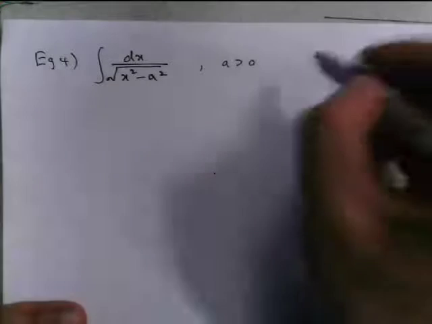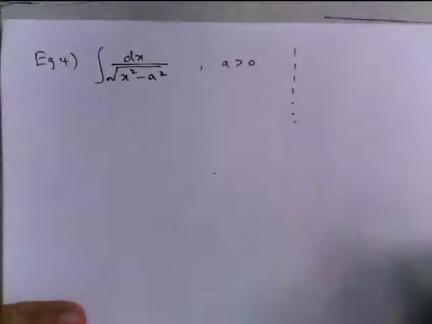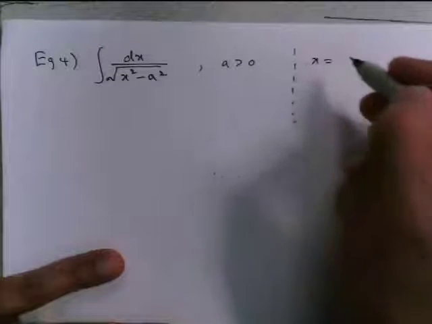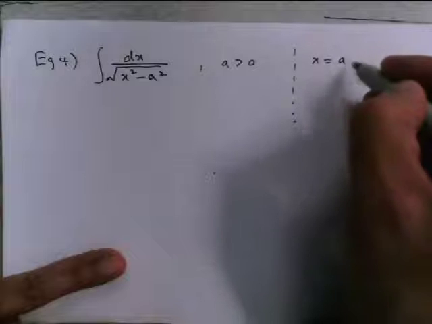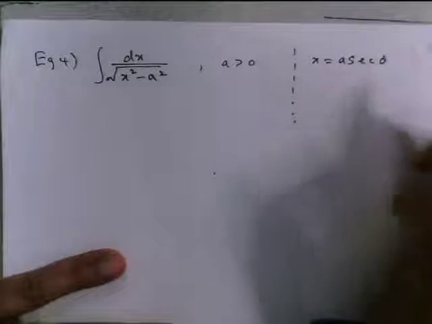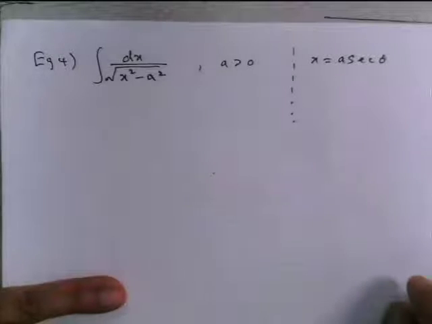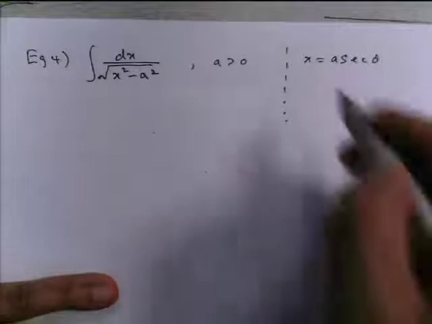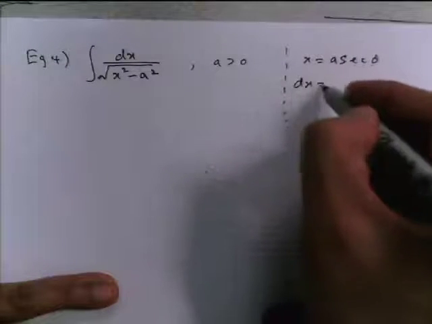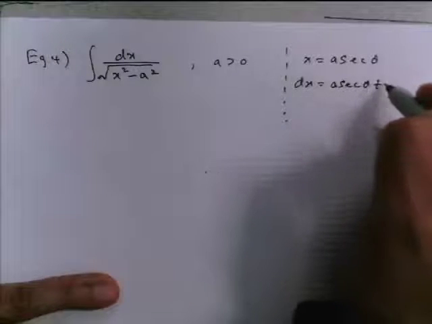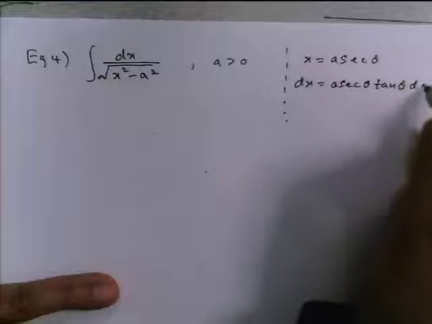So what's the substitution? x equals a secant theta. So dx is a secant theta tan theta d theta.